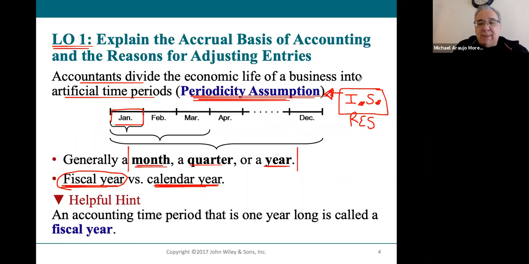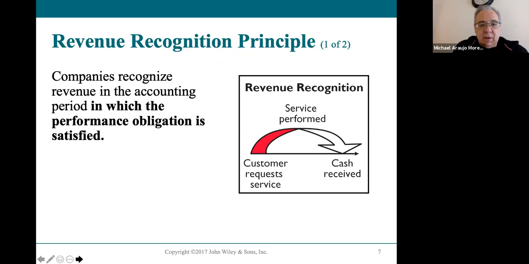And again, this matters because the very first statement we do is the income statement. Okay, so because we're doing the income statement, what are the two major accounts on the income statement? Revenue and expenses. So one of the principles in generally accepted accounting principles is a very important one called revenue recognition.